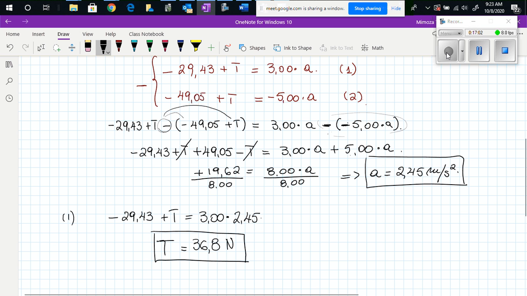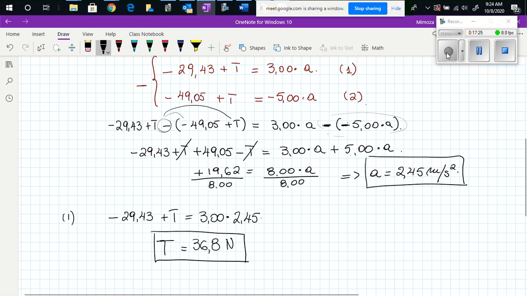At every section the direction may be different, depending on how the string is configured, I should say, but the magnitude at every section of the string is 36.8 newtons.